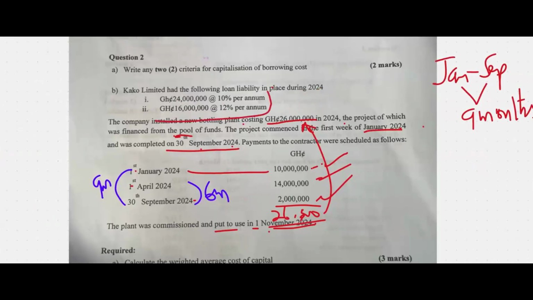You take out the borrowings from it. So we have 24 million at 10%, 16 million at 12%.